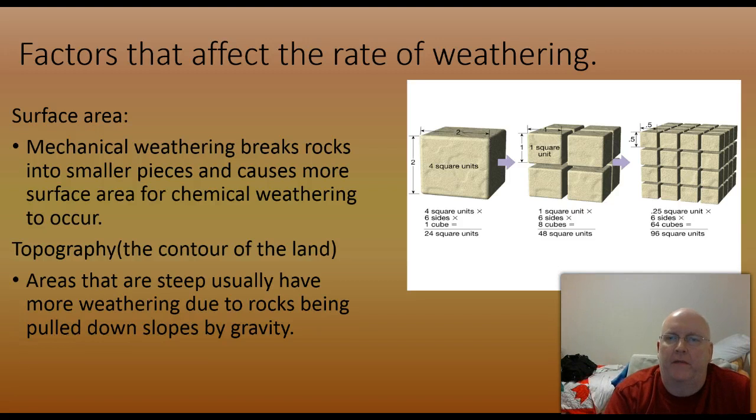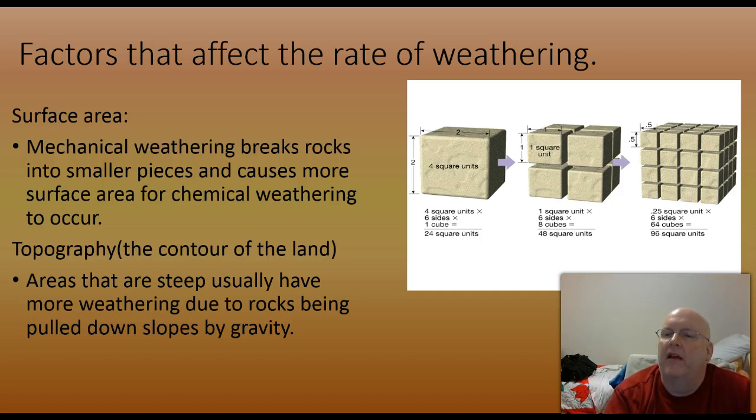Another factor that can affect weathering is the amount of surface area available. In the diagram, you see a certain volume of a piece of rock that's first divided into 8 equal pieces, and then it looks like about 64 equal pieces.